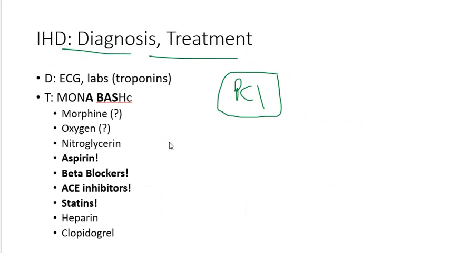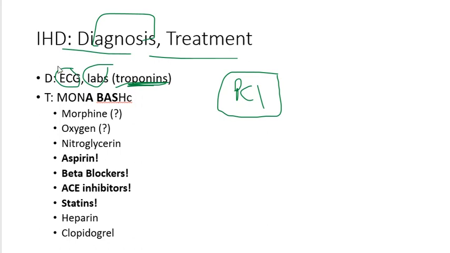How about ischemic heart disease in general, outside surgical and radiological intervention? For diagnosis, how do you diagnose it? You've got ECG and you've got the lab test, the blood test, troponins. Troponins are found in cardiac muscle cells, and they will be released in the blood upon damage to the cells.